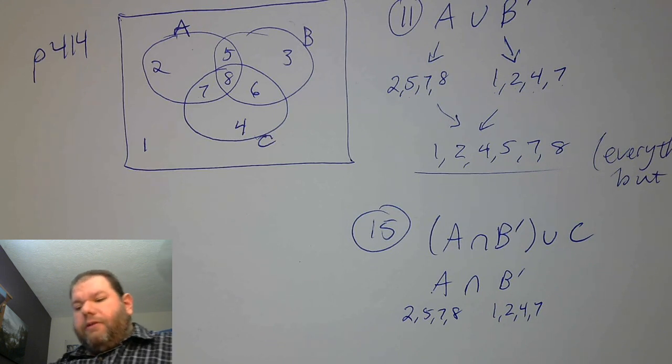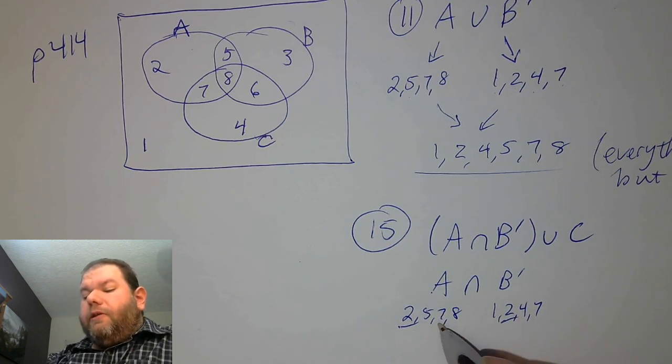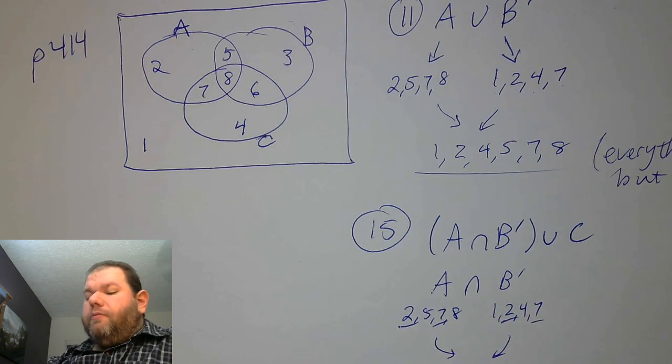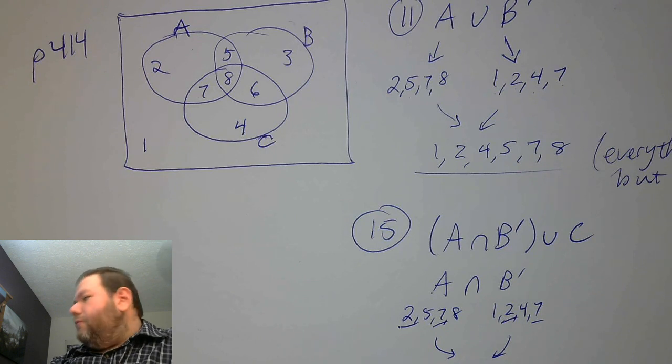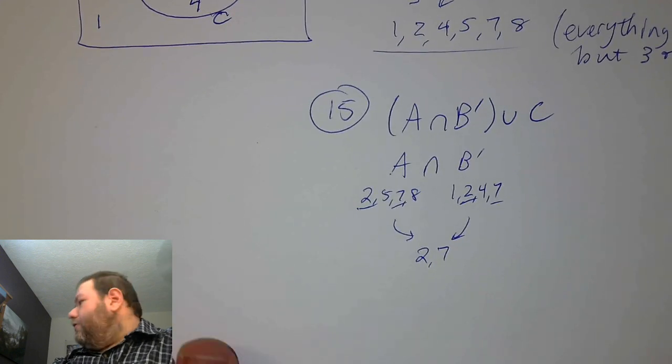Right, 2 and 7. Both of them have a 2 in common and a 7 in common. Okay. Which you can't see because I wrote it down on the page.